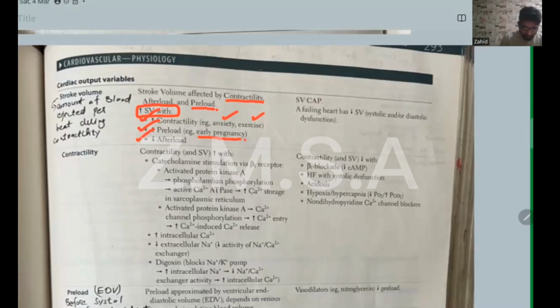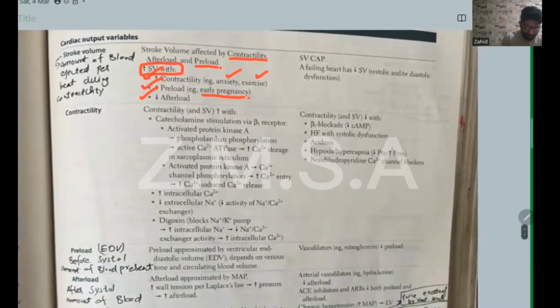Next, contractility. Contractility increases with catecholamine stimulation by beta 1 receptors, especially present on the heart, activating protein kinase A, phospholamban phosphorylation, activating calcium ATPase, increasing calcium storage in the sarcoplasmic reticulum.